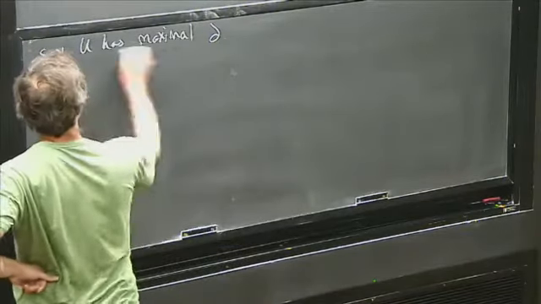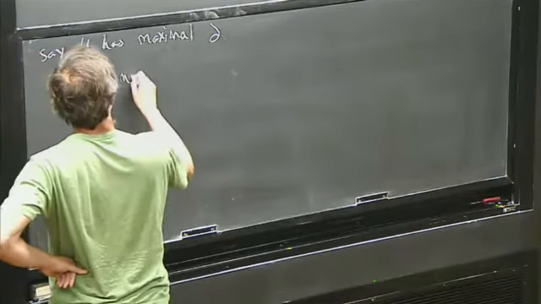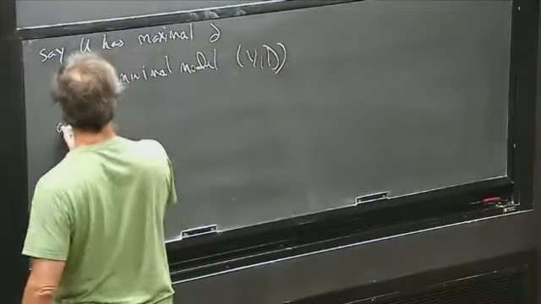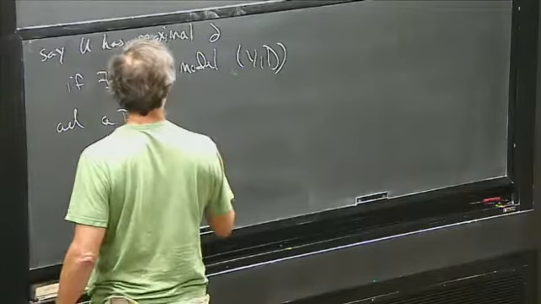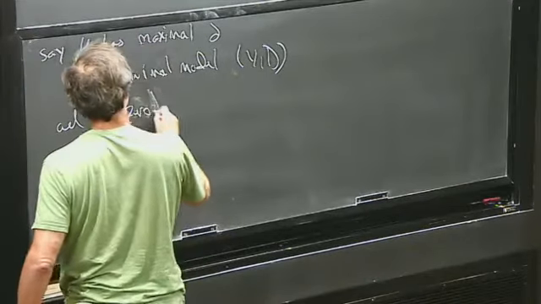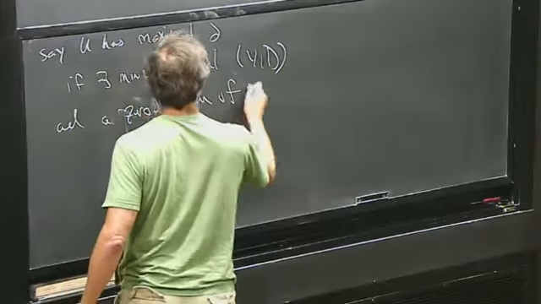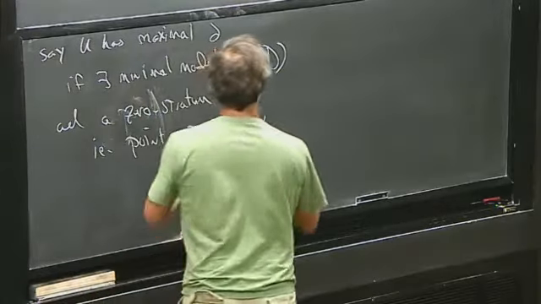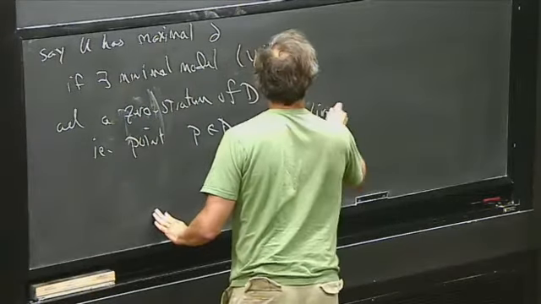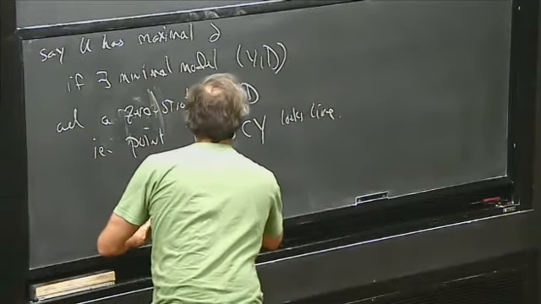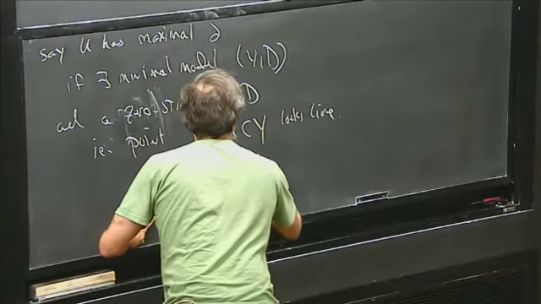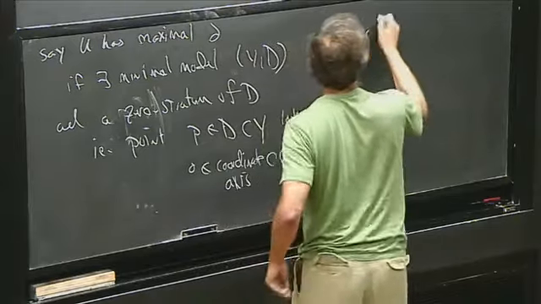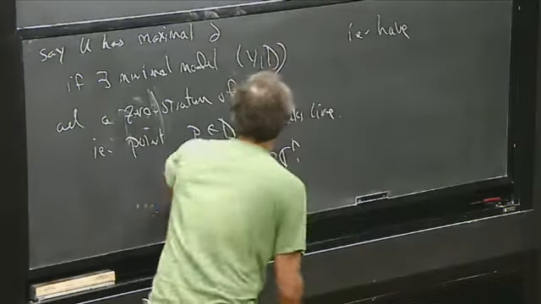What should that mean? I'll say U has maximal boundary if there exists a minimal model (Y, D) and a point, what's called a zero stratum of D, i.e., a point P in D, which lives in Y, which looks like 0 living in the coordinate axes inside of C^r, i.e., the coordinate planes.